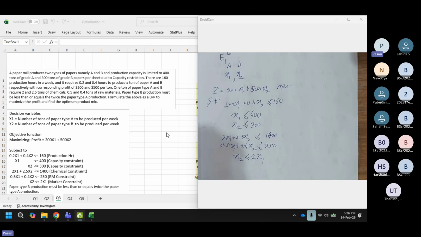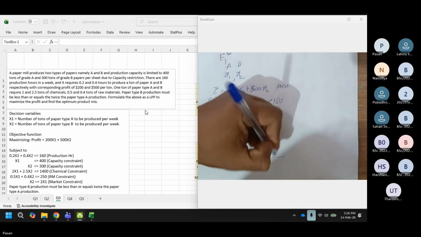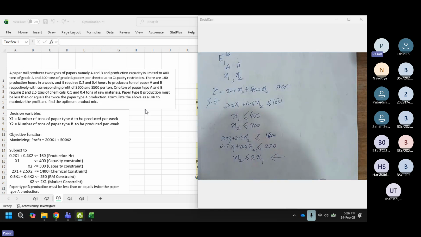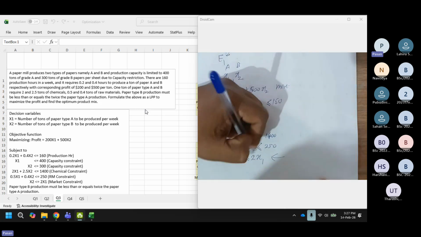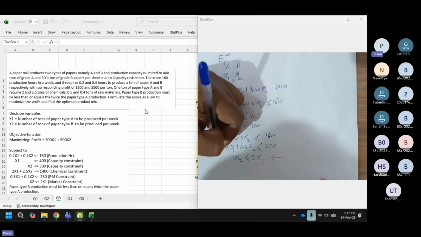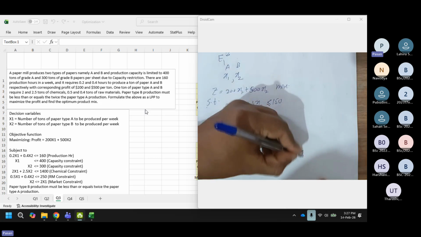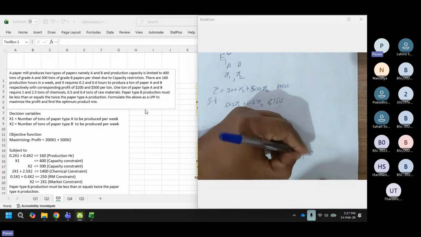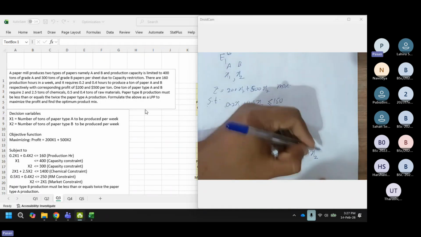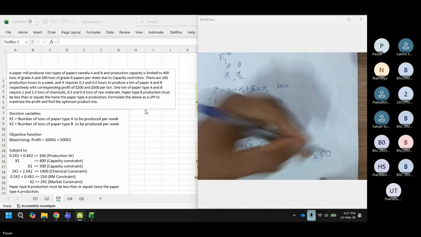So what we need to do is, if you look at this constraint here, we need to bring all the variables into one side and all the constants into the other side. So if I bring all the variables here, I have to put negative. So it is negative 2 times x1 plus x2, and it is less than or equal to 0.